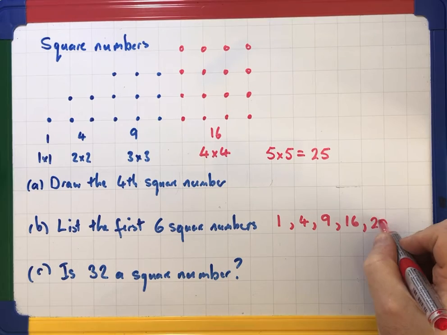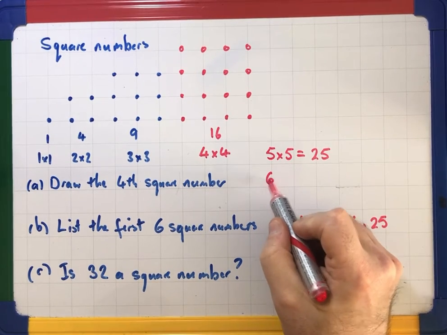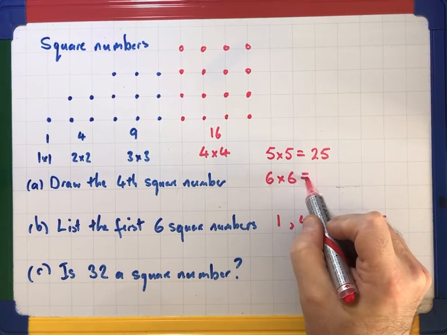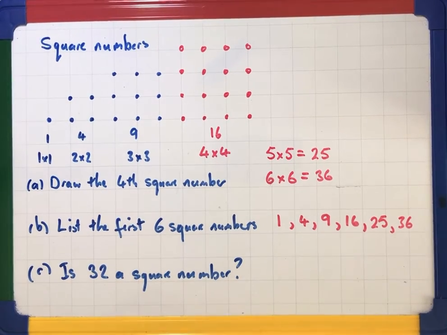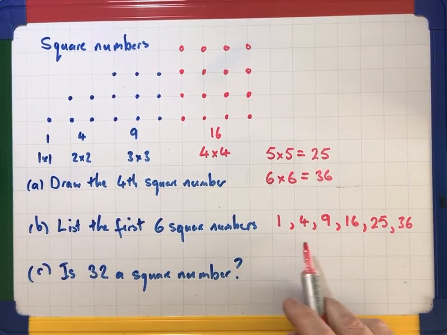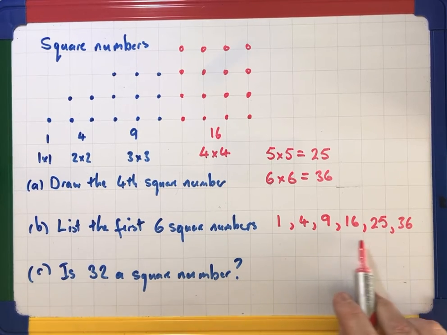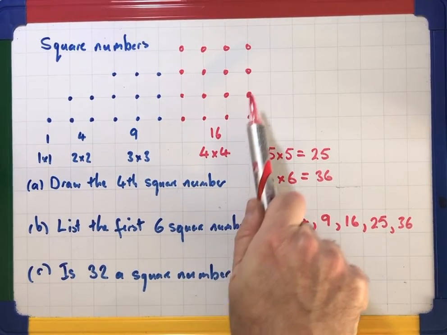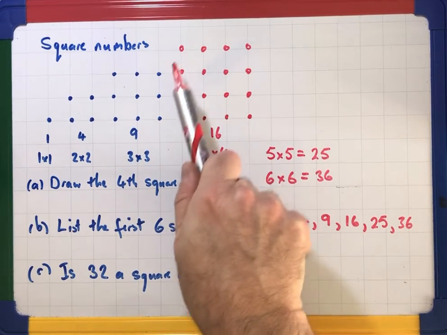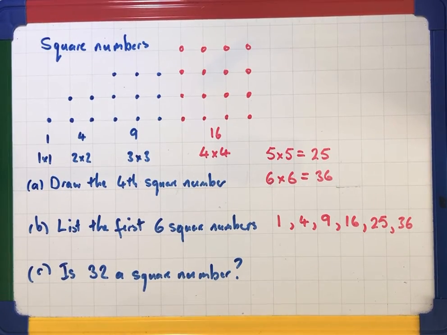So that's the fifth one. And the sixth one would be 6 times 6, which is 36. So that's the sixth one. Okay, so that would be listing the first 6 square numbers. If I want the seventh one, it's 7 times 7, and so on. Yeah, and they're called square numbers, as I said, because if you did them as dots, it makes a square.